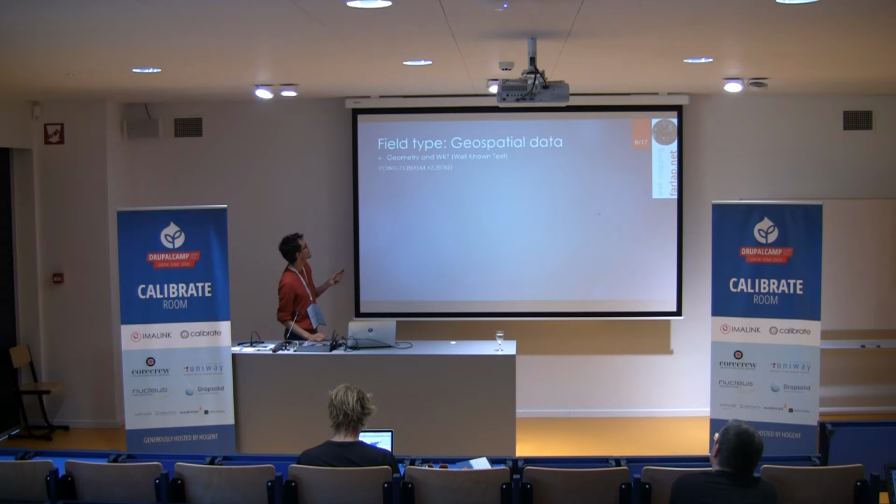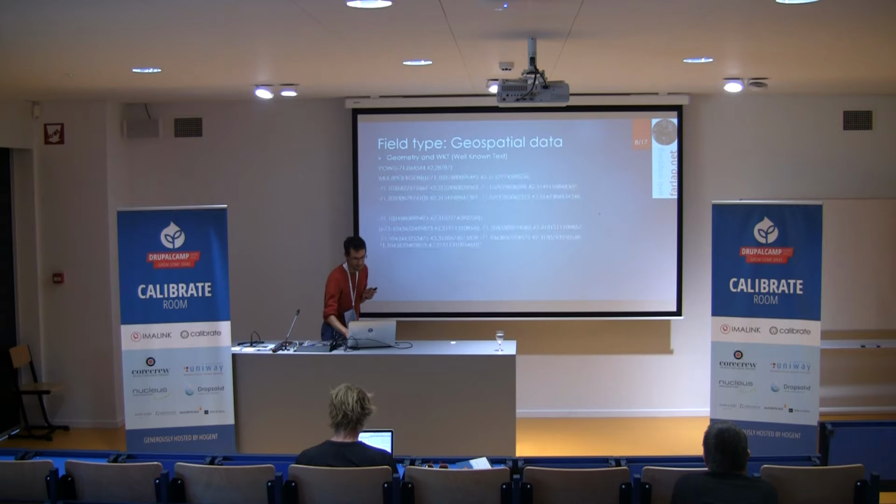This could be just the city of Ghent that we entered. It is point, and then the coordinates -71, so it's definitely not Ghent, and 42 for X and Y. This is a simple example of WKT, but it can be as complicated or as long as this.